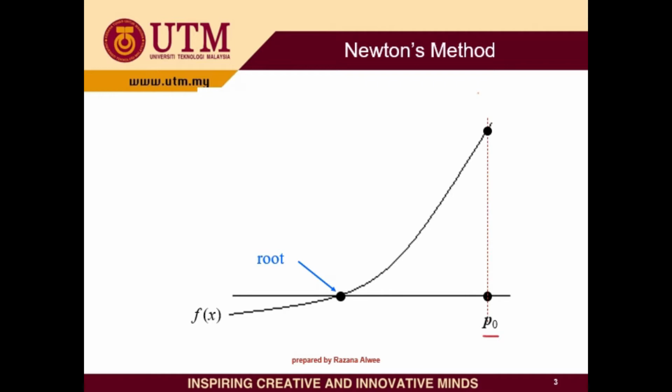This is given to us, and based on our P0, the tangent line will get us our P1. That is why we can use only one starting approximation value for Newton. As you can see, it is directly closer to our root, so it can be much faster to find our root using Newton.